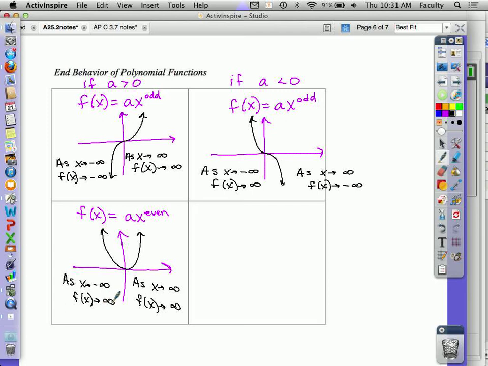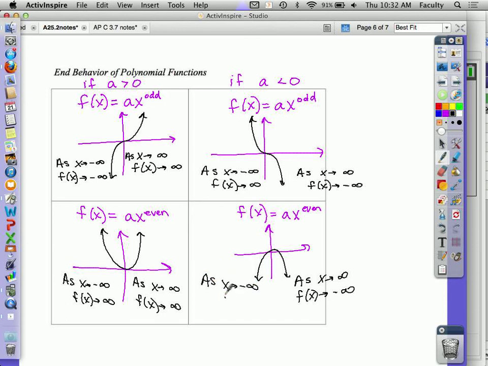But that a is now positive. Now, if the a is negative, this reflects it over the x-axis, so it's opening down. And so the end behavior is as x approaches infinity, the f of x is shooting down to negative infinity. And as x approaches negative infinity, f of x is going to negative infinity.